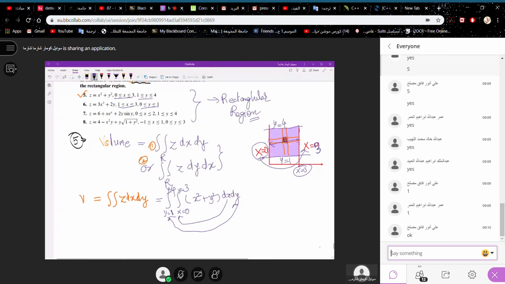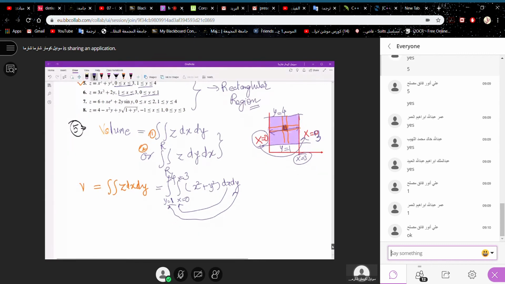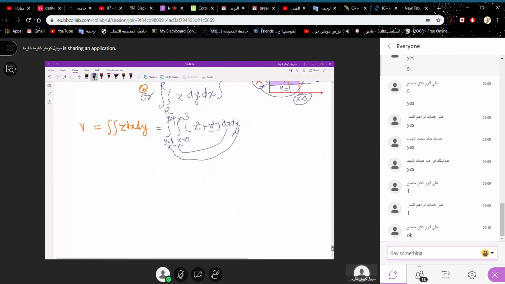Now it's very simple. We will integrate with respect to x first. What is the integration of x square? That is x cube upon 3 plus x y square, limit 0 to 3, dy. Okay.